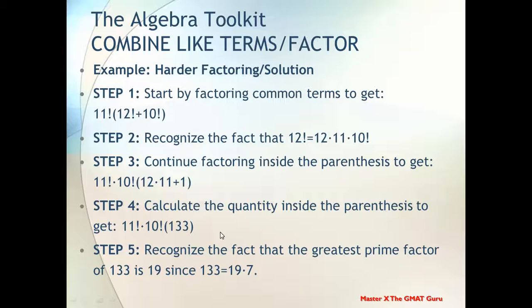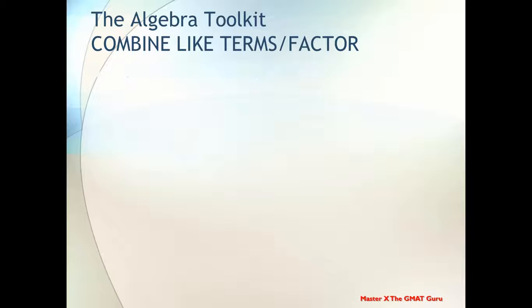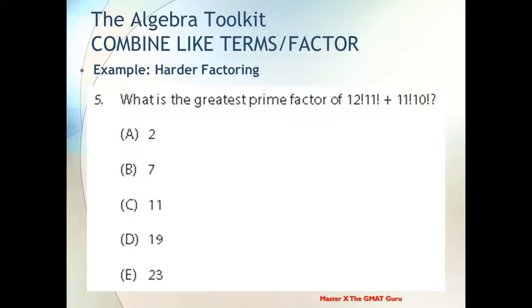Because that would take some time and you don't have to do that. Remember, you have to choose from the numbers given to you, right? Let's go back to the previous slide so you can see again the possible 5 answer choices. All right, see here, you have to choose between 2, 7, 11, 19, and 23, and nothing more.